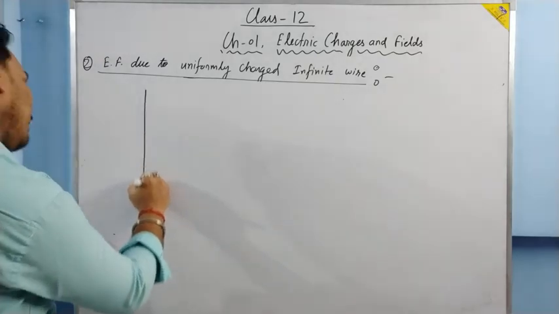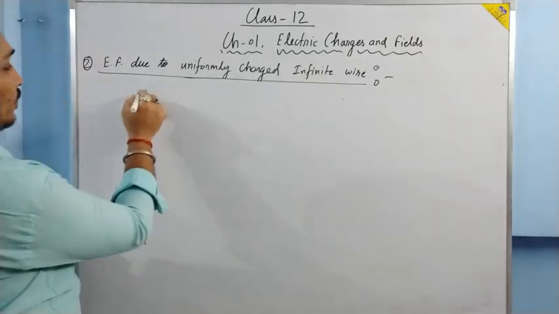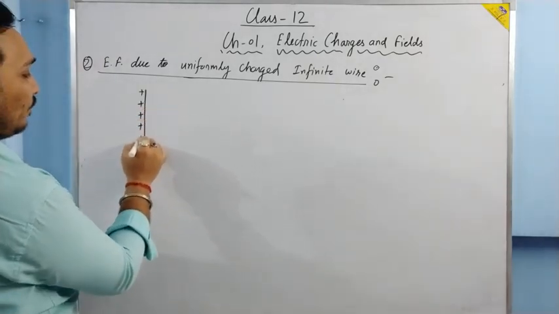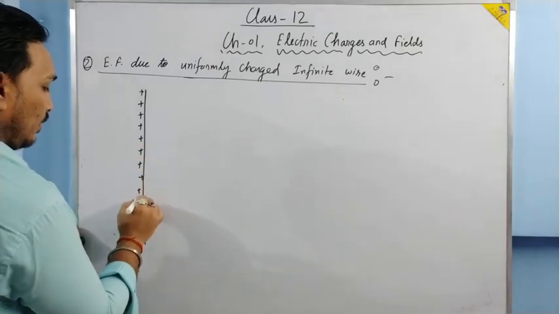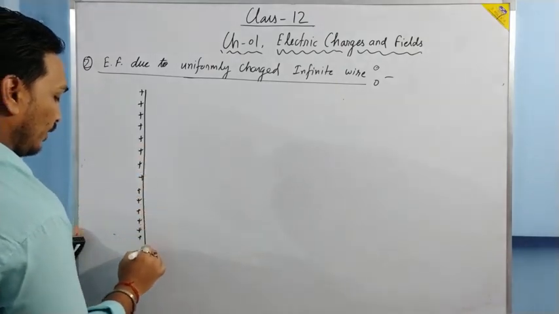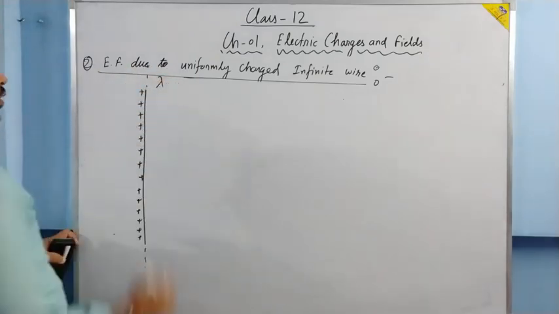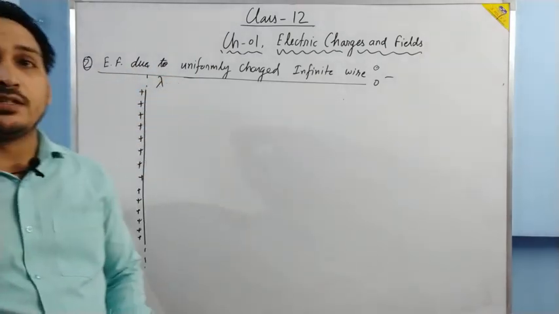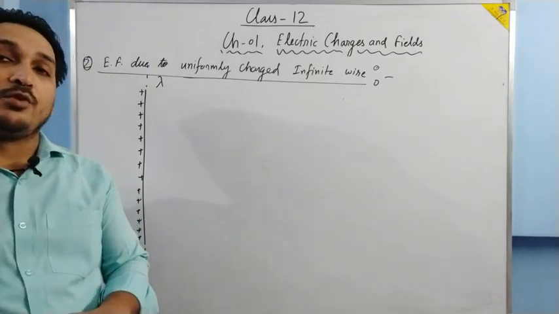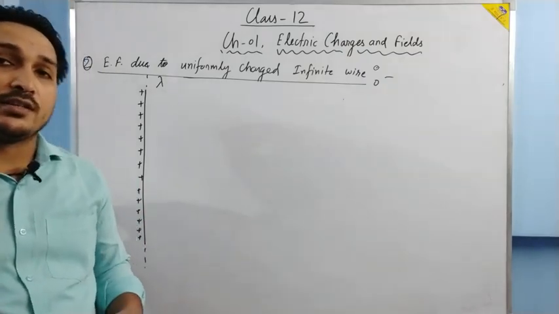Suppose this is your charged wire, and this wire is charged positively. It is of infinite length. The linear charge density of the wire is lambda. What is linear charge density? The charge distributed per unit length is called linear charge density.